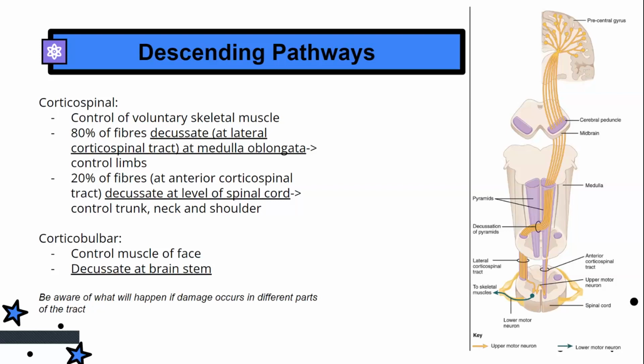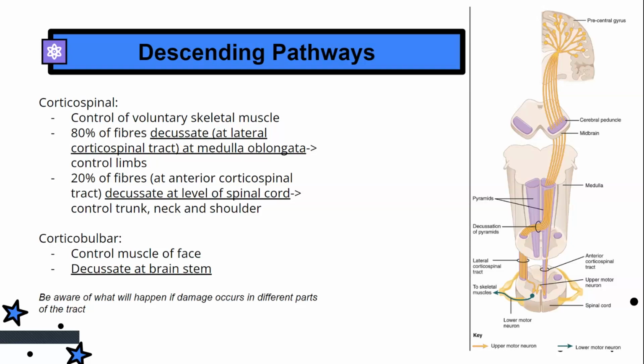It's quite high. So it will decussate over there and go to the other side. Whereas the other 20% will go down, and wherever it's going to send the signal to, it will decussate at that level. So why do we learn this?